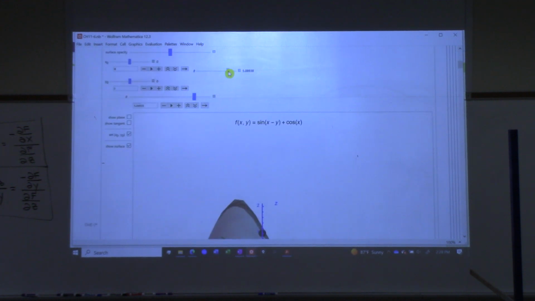Someone on their calculator real quick, do 7 pi divided by 4. 5.4977. So I'm going to type that in right here. 5.4977. And did it go? Yeah.